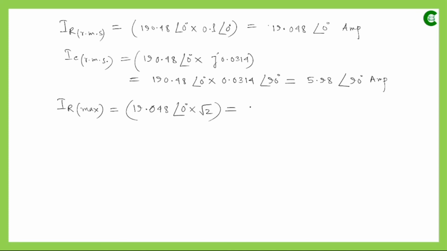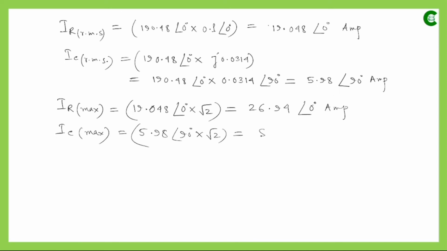So it will be 26.94 ampere, with phase angle 0 degree. And the peak value of the capacitive current will be 5.98 at 90 degree multiplied by √2. That gives a value of 8.46 ampere, and the phase angle will be again 90 degree.